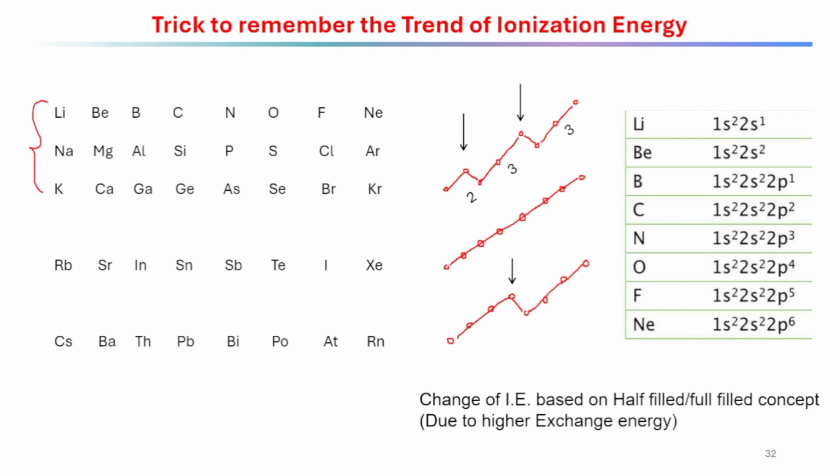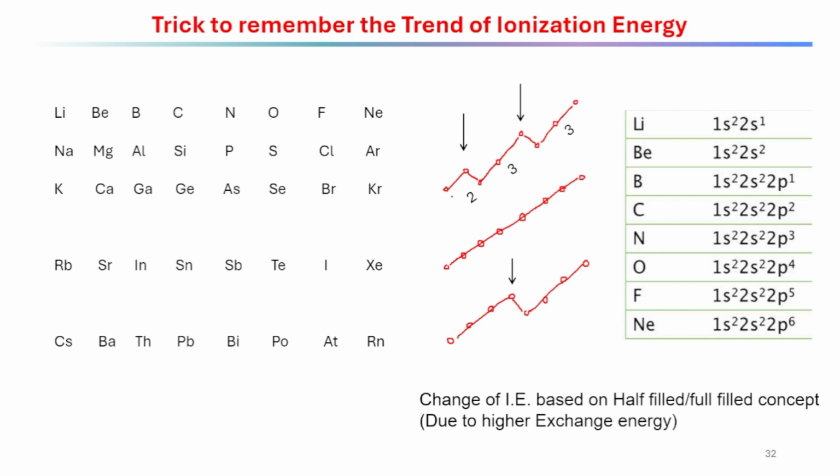We have already seen that in case of nitrogen and oxygen. The ionization energy trend is like this: it first increases, then decreases, then increases again, then decreases again, and again increases.